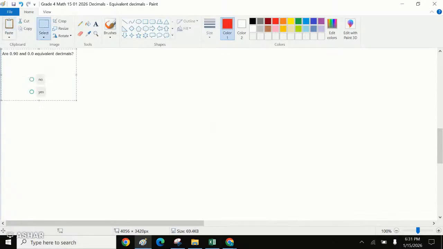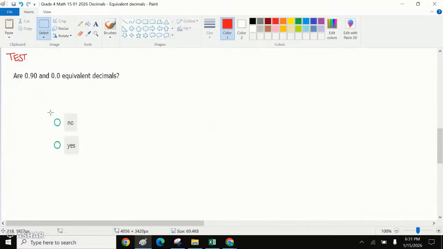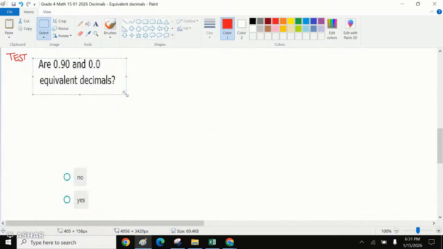The first question of the test says, are these numbers equivalent decimals? 0.00 and 0.9. Yes or no? Yes, Rowan, thank you. How do we know?